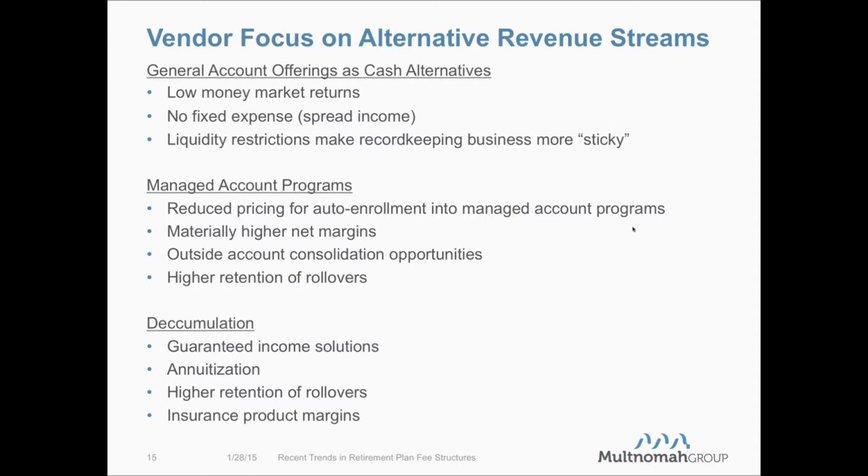And those 27 service providers that I mentioned earlier who are still providing record-keeping administration services are as much focused on retaining those dollars post their retirement plan experience as they are on their retirement plan product as a whole.